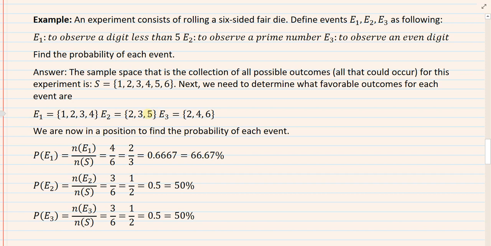So just because I observed the 5, it suffices to say event 2 has occurred. Event 3 didn't occur either, just like 1 didn't, because 5 is not in the set. If I roll a 2, event 1 has occurred, event 2 has occurred, event 3 has occurred. So all 3 events had occurred. So this suggests that these events could occur together, or each on their own.